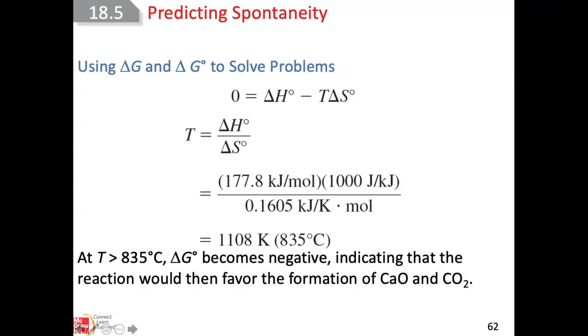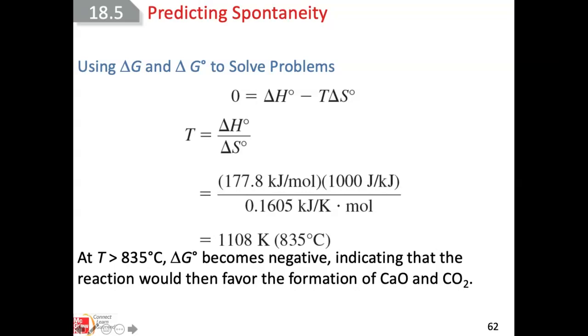We can find the temperature when delta G will become negative. Let's say that it's at equilibrium, and let's find out the temperature where we have the reaction at equilibrium.